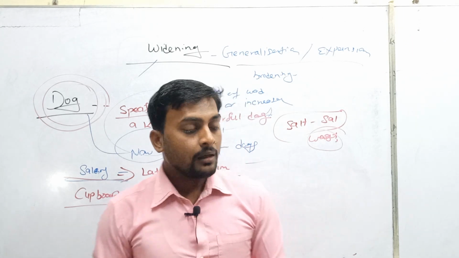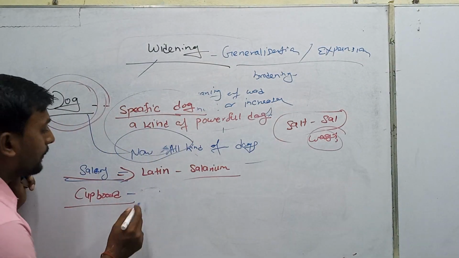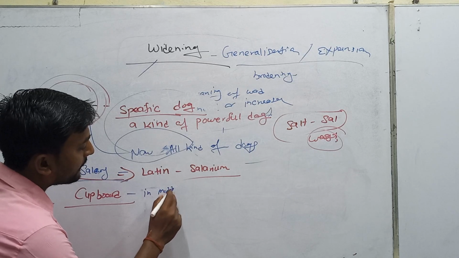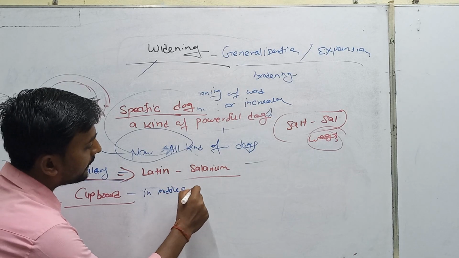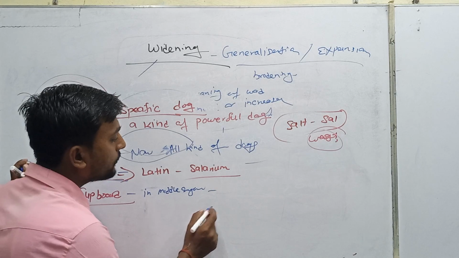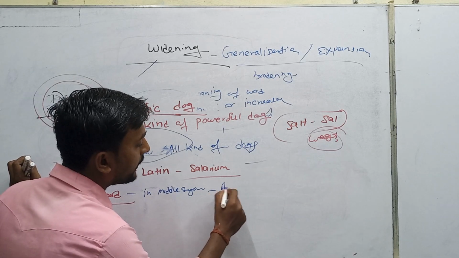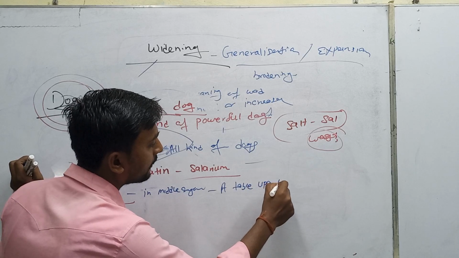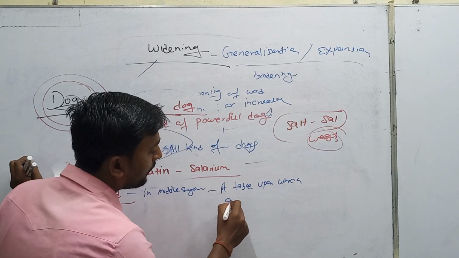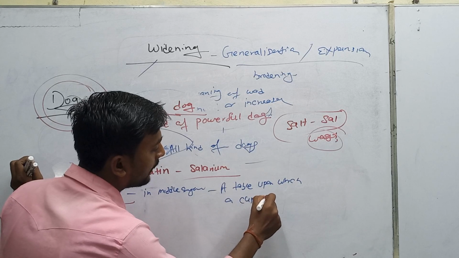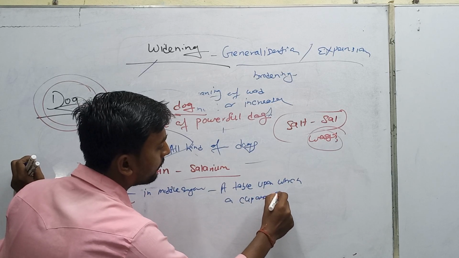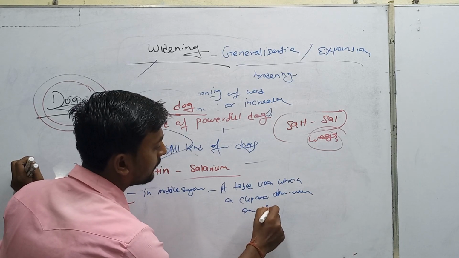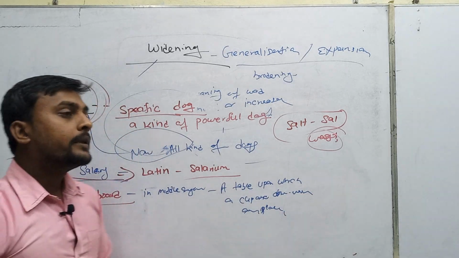Now we would say wardrobe, but in Middle English, cupboard was a table upon which a cup and other vessels are placed.